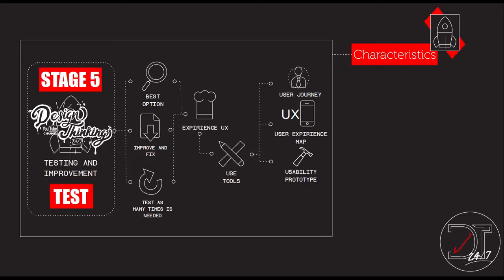And in my personal case, I really like user experience map because this allows you to think about the different options and how the user will receive the development. That one is very important. But for example, the usability prototype is also really good because you need to know the quality of your development. So the interaction with the user is very important to validate the development that you are making.